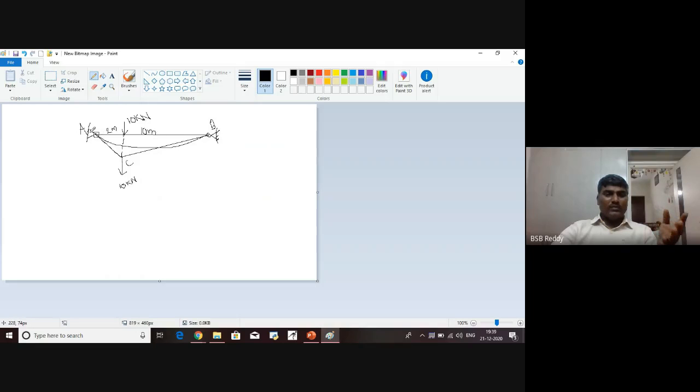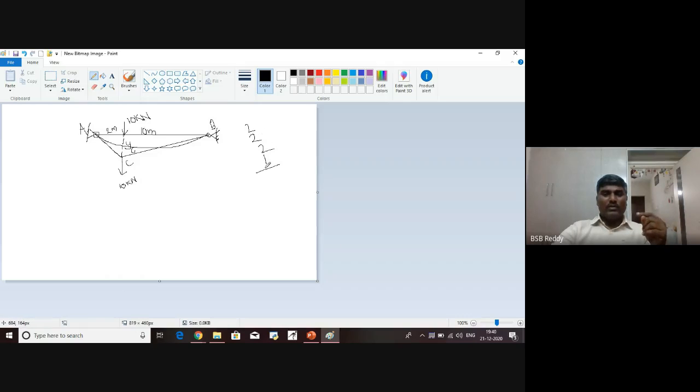So how many unknowns? Hinge at A, two unknowns. Hinge at B, two unknowns. Plus there are two portions of cable, AC and BC, so two cable tension values, and y at C, the dip or sag. The geometric unknown is 1.